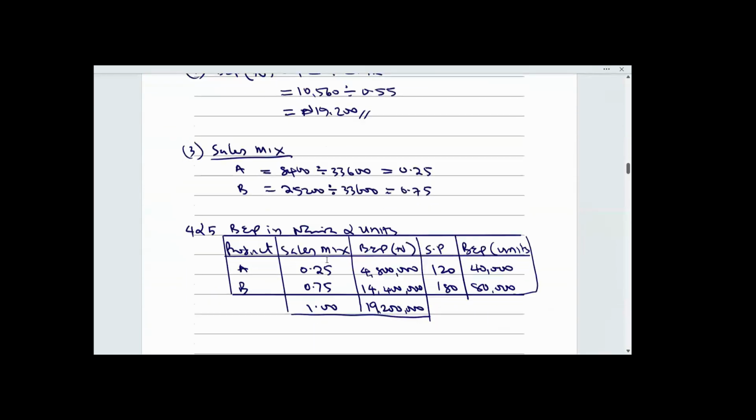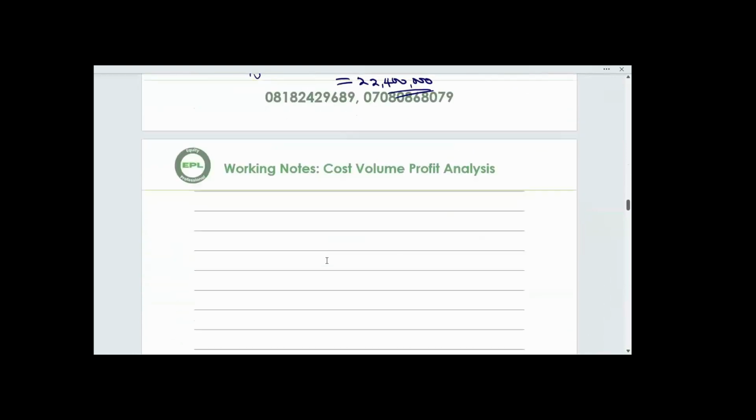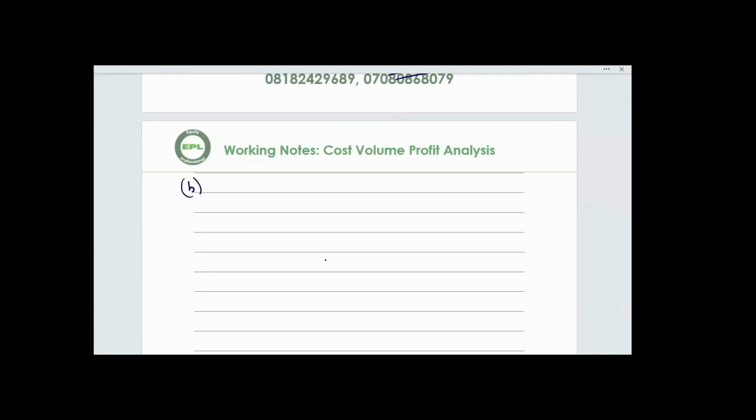All these earlier ones were just working to get B. Number B: sales revenue to earn profit after tax at a rate of return of 12%.